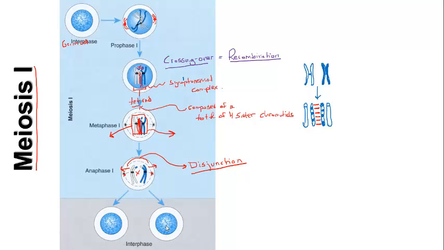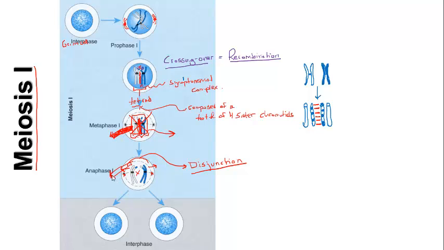The failure of the two homologous chromosomes within a tetrad to separate is termed missegregation. Missegregation results in the erroneous process of non-disjunction. So let me put a big X to symbolize that these two never properly separated from one another, and so the whole thing gets pulled over to one pole of the cell during anaphase.